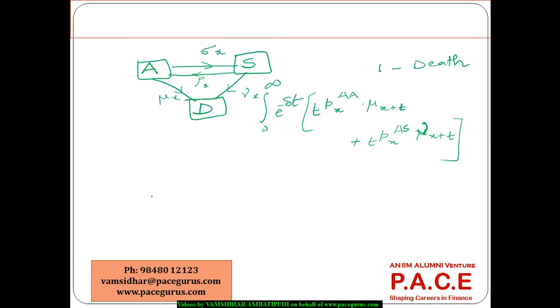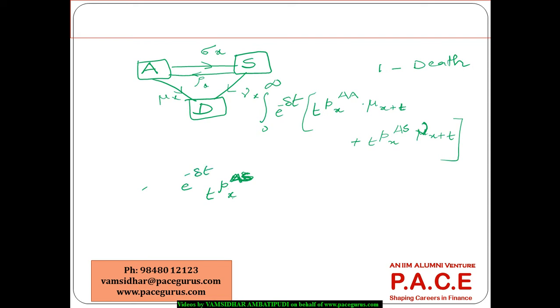Similarly, when I am looking at the annuity in case of sickness, what is the sickness part of it? As long as the person is in state S, from time x to x plus t, what is the probability that he is in state S, given that he is in state A initially, and I am paying a benefit of 1, and I want to find the present value of it.